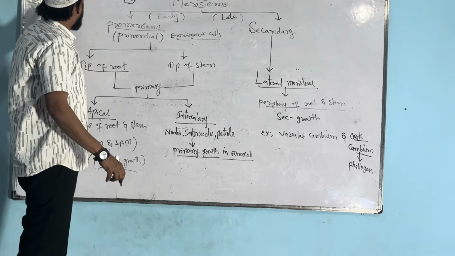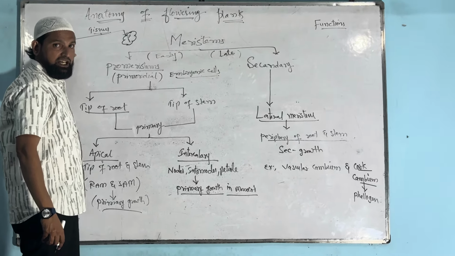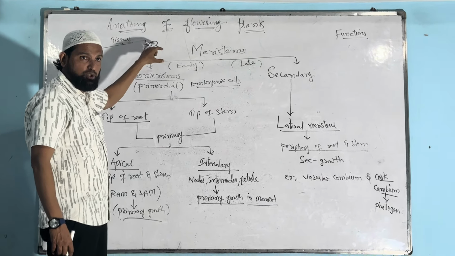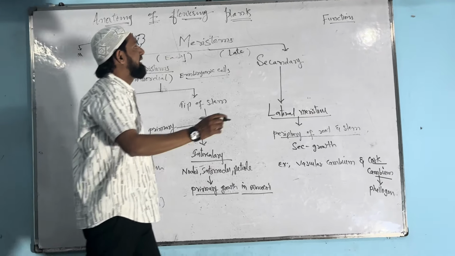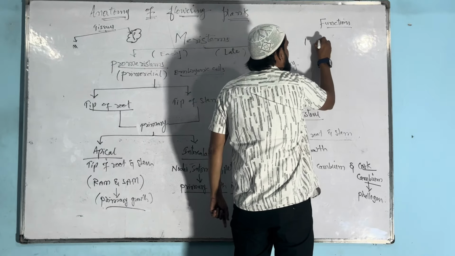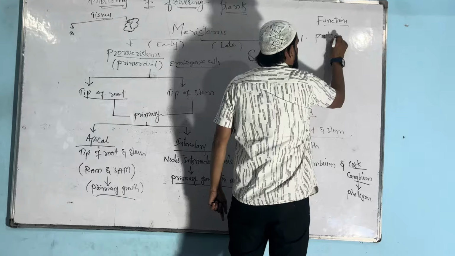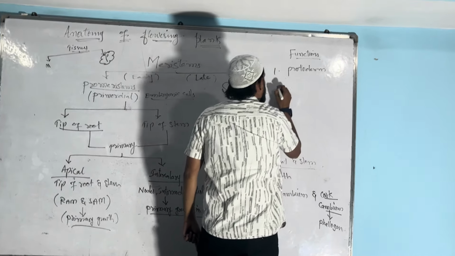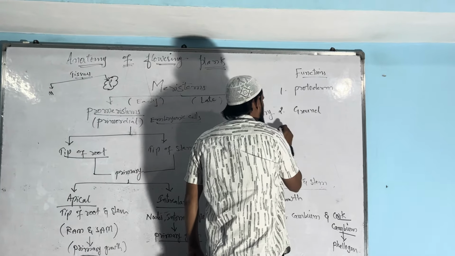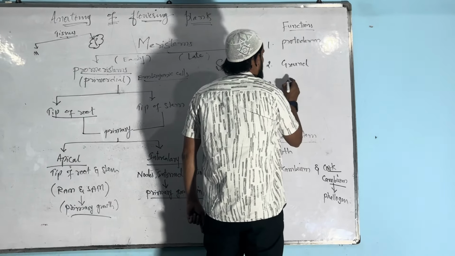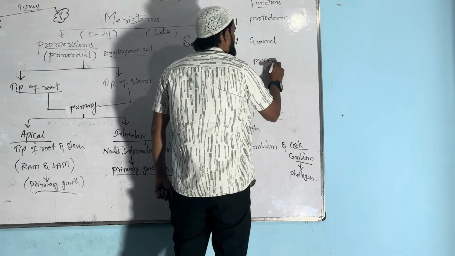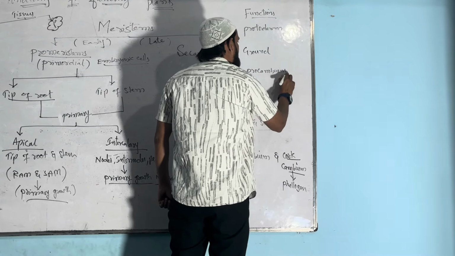When the meristems which are immature become permanent, means they become mature, at that time they are classified into three types: number one protoderm, number two ground, and number three procambium.